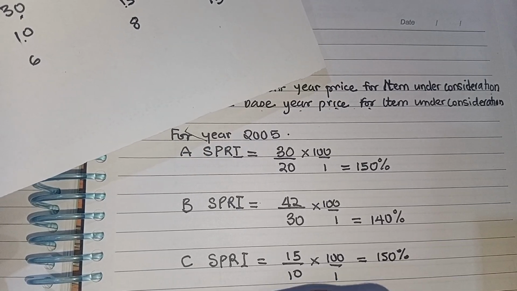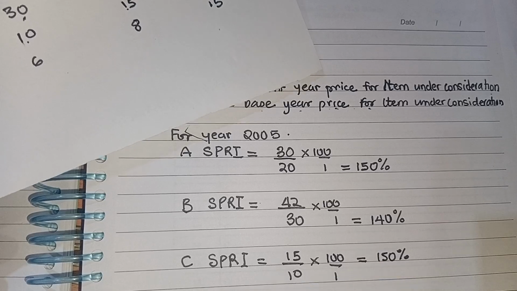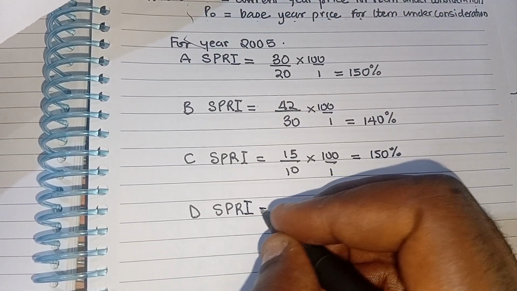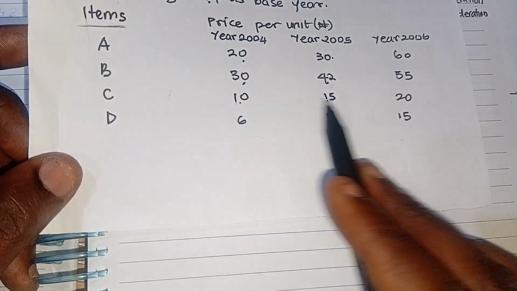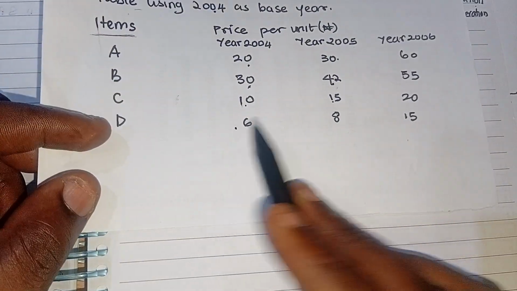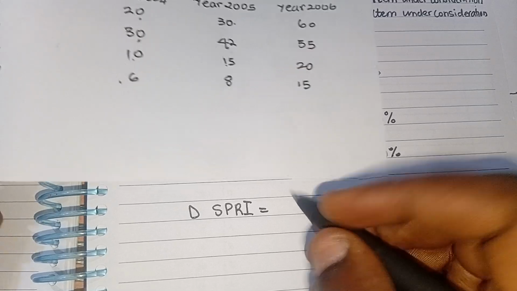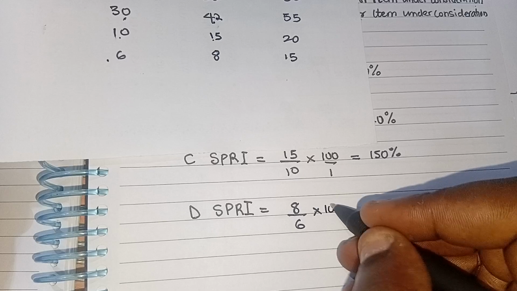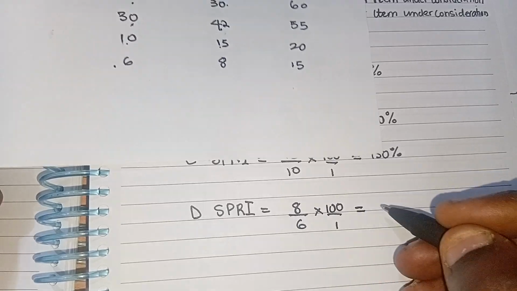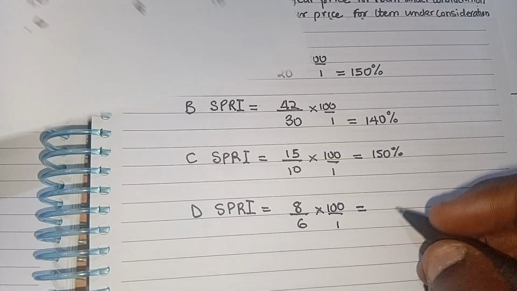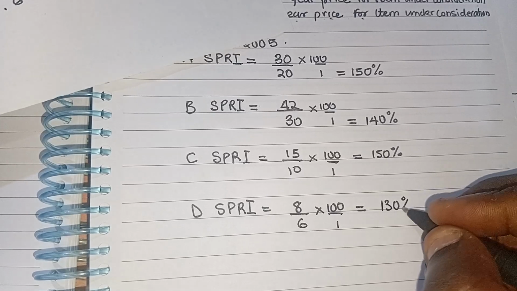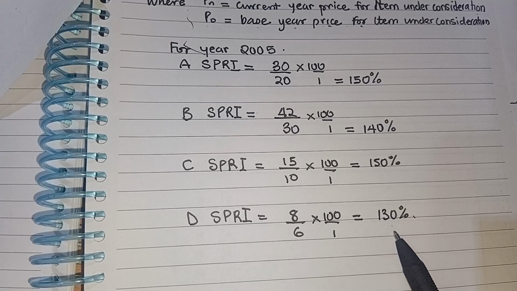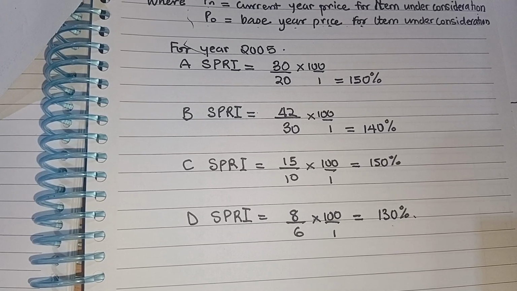So for item D, SPRI will be 8 divided by 6 times 100 all over 1, and this will give you 130%. So these are the price indexes.